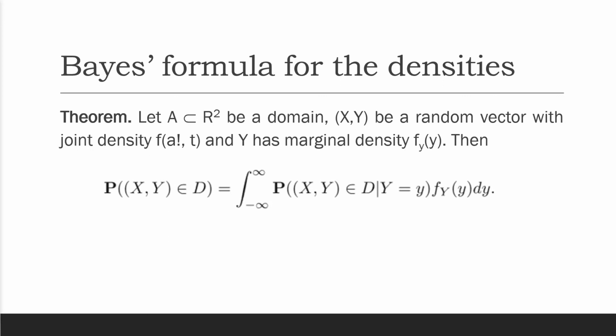Then the probability that xy is an element of D is equal to the integral of the probability that xy is an element of D given y equals the point y, times the f of y dy from negative infinity to infinity.